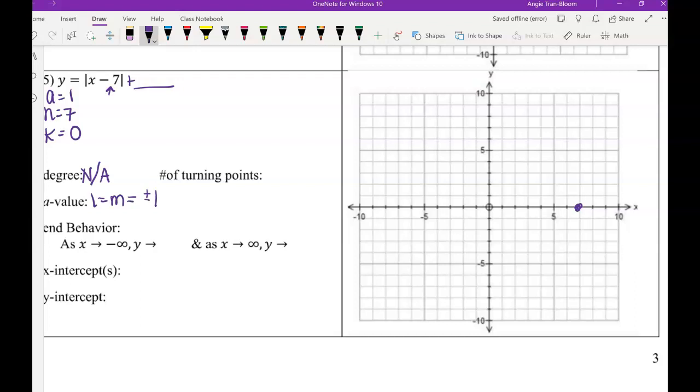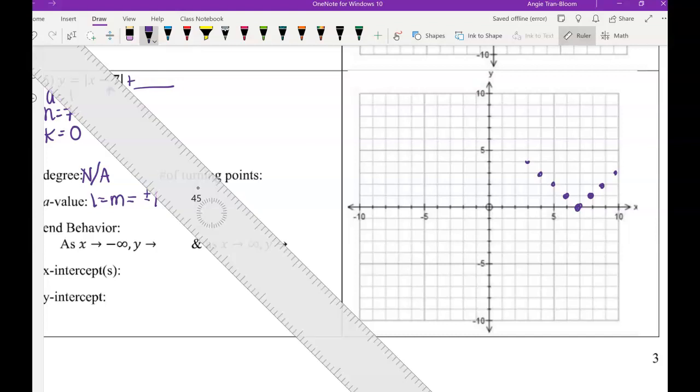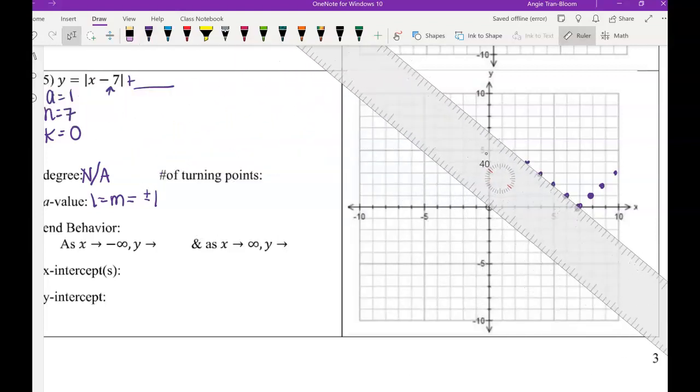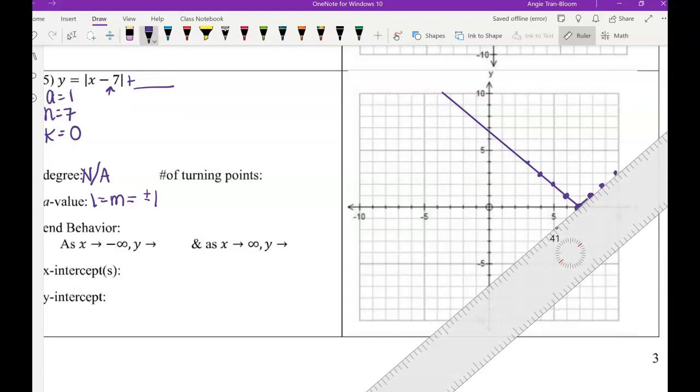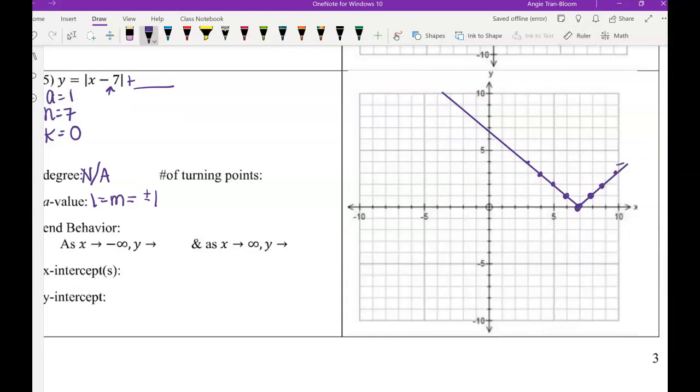So we're going to go up 1, right 1. We are also going to go up and left because we know it opens upward since the A value is positive. So I'm just going to connect these dots really quickly, make a nice V shape. So that means right and left will be the same. There you go. Okay, so here's a graph.